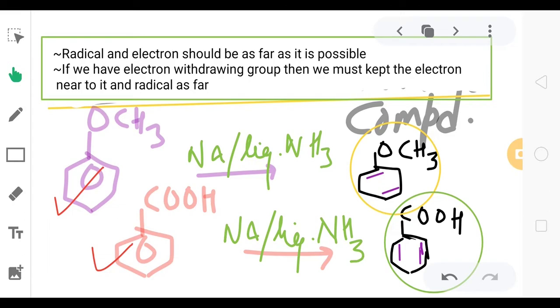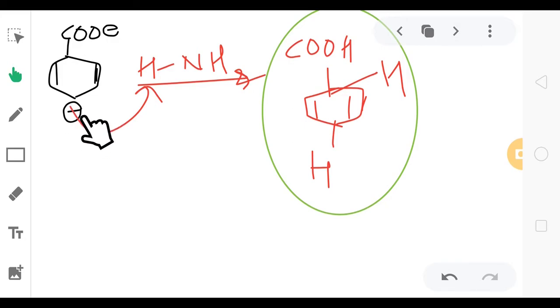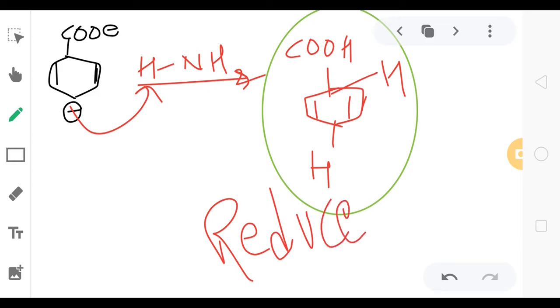Okay, now what will happen again, this radical point will get reduced by this electron, okay, and we will end up with this one, and this negative charge again attacks this amine hydrogen, and it will give us the final product, this one. This is our reduced product.